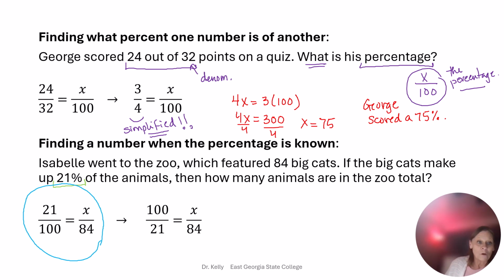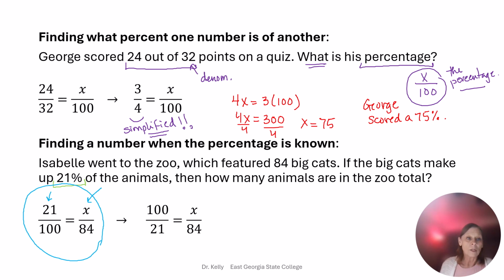We're almost always going to set it up as 21 over 100, and that forced me to write x over 84 because it's a pattern, right? We've been doing that all along, but I forgot to be really careful like we were when we did the proportions. And when we do proportions, it's really important that everything lines up together, right?